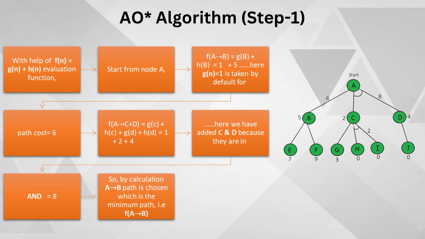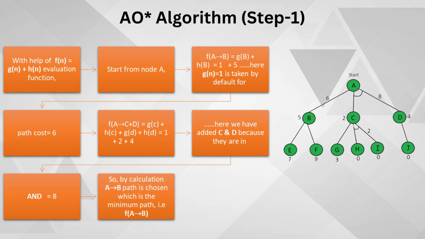Now f of A to C plus D is g of C plus h of C plus g of D plus h of D, equal to 1 plus 2 plus 1 plus 4. Here we have added C and D because they are in AND. So the total value is equal to 8.